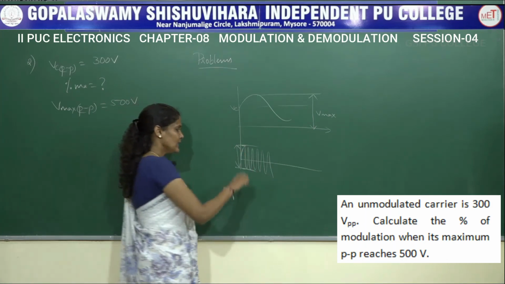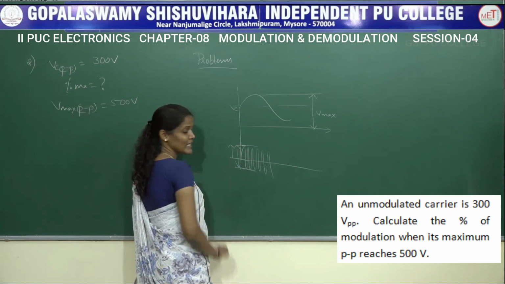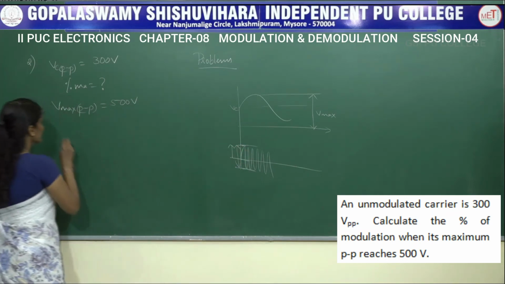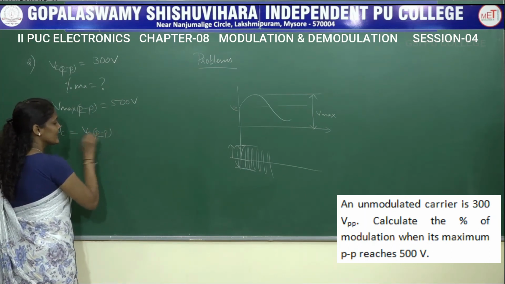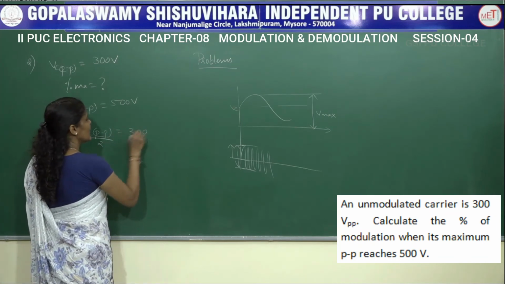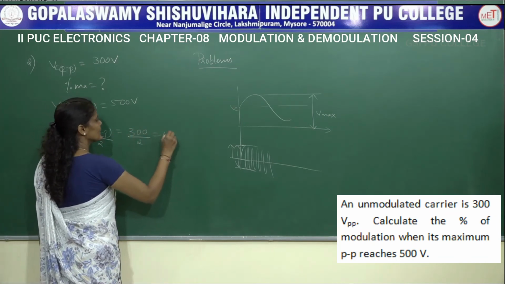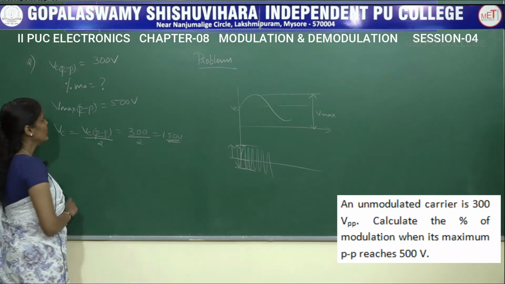But I am not concerned with peak to peak value. I am just concerned with this particular value. So what I am going to do is Vc is equal to Vc peak to peak divided by 2. So it is 300 divided by 2, which is equal to 150 volts. So Vc value is equal to 150 volts.